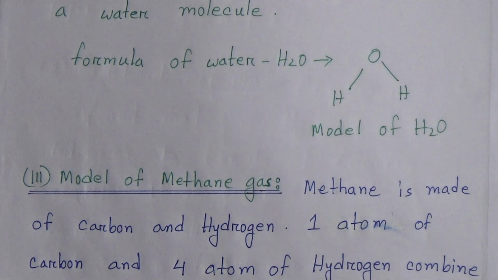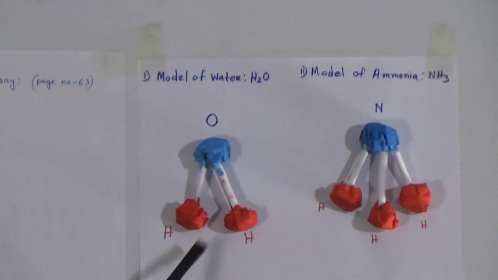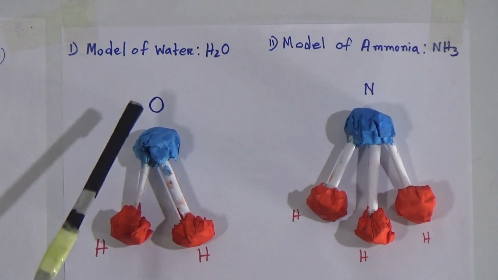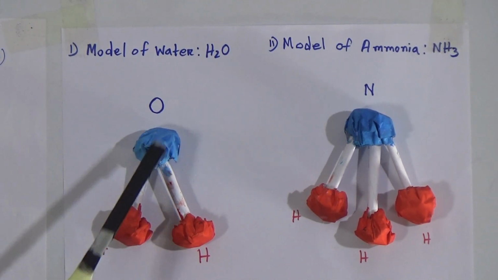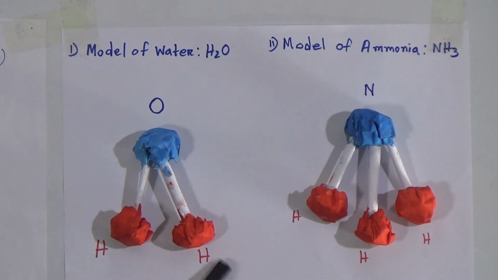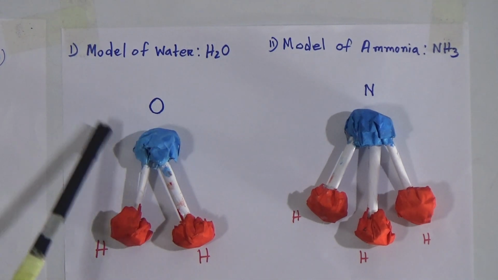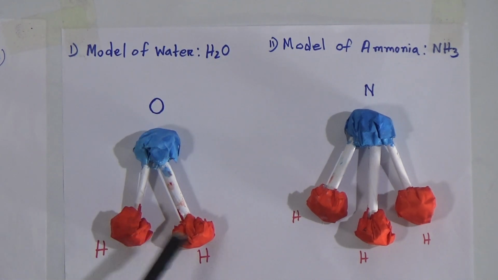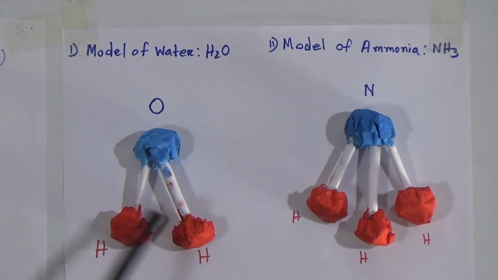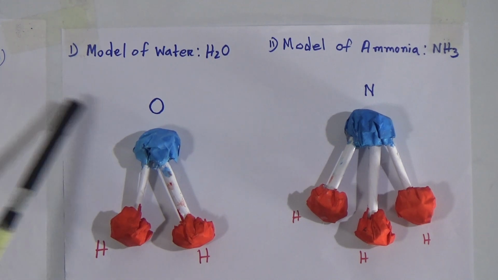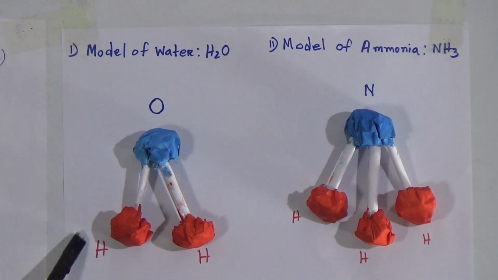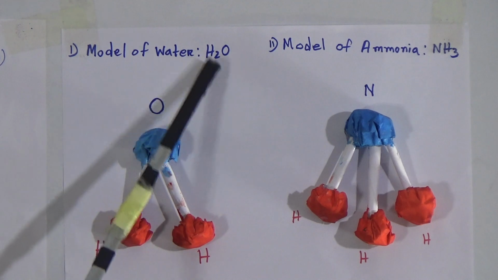Students, again look at this water model I have made, H2O. I have given oxygen blue color, and hydrogen the same red color, because they are the same. So we have seen one oxygen joined with two hydrogen.